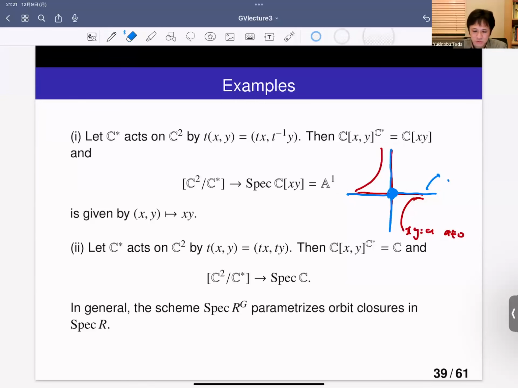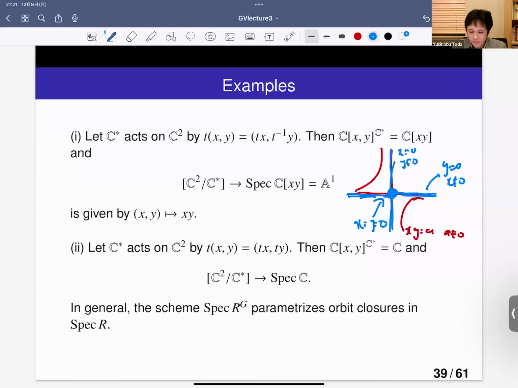And the locus y equals 0 and x is non-zero is also an orbit. And x equals 0, y non-zero, is also one of the orbits. And x equals y equals 0 is also an orbit. But if we consider these three orbits, and take their closures, then they intersect.